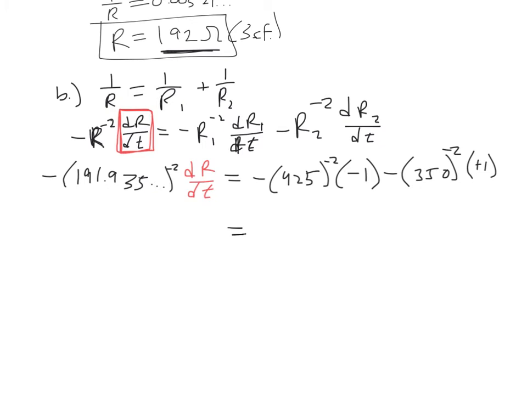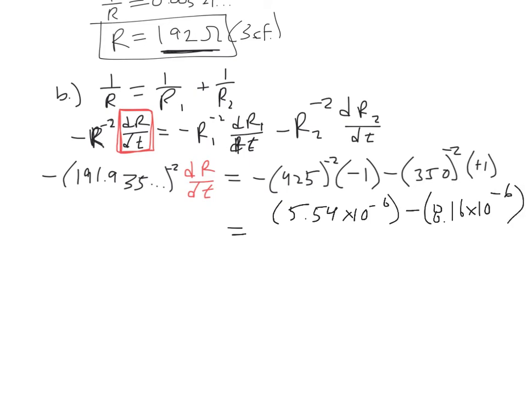In fact, it's so tiny that the calculator is giving it in scientific notation. This is 5.54 times 10 to the negative 6th, and then minus 350 raised to the negative 2. This is 8.16 times 10 to the negative 6th.